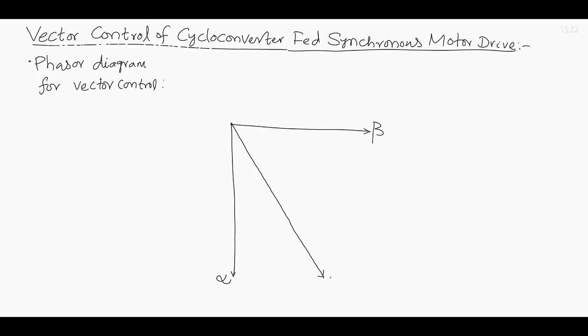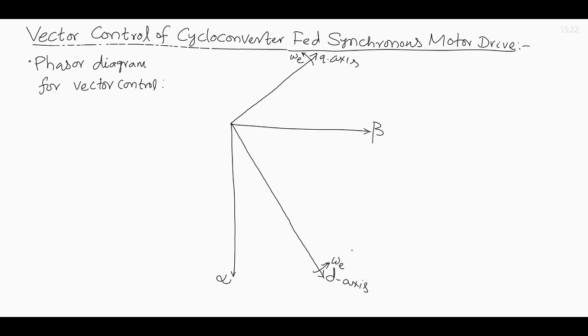This is the synchronously rotating direct axis, that is the axis of the field flux, and at right angle to it is the q axis, the quadrature axis. This q axis and d axis rotate at synchronous speed omega e.